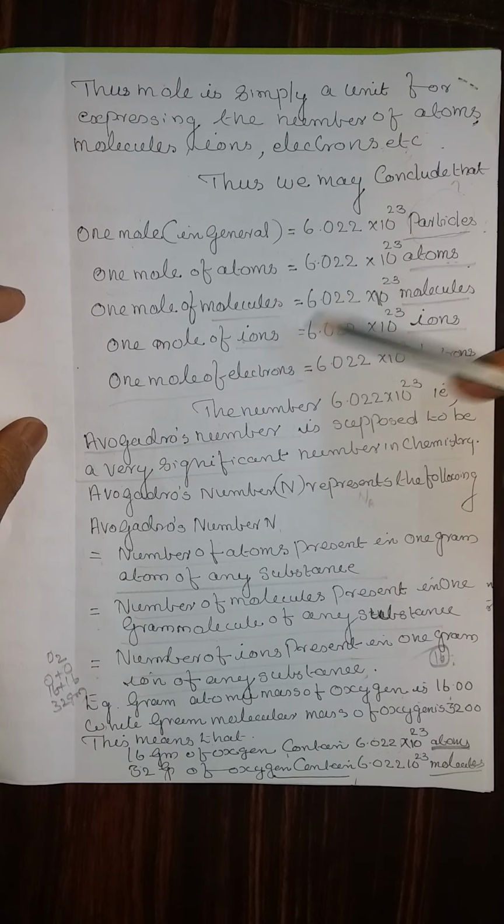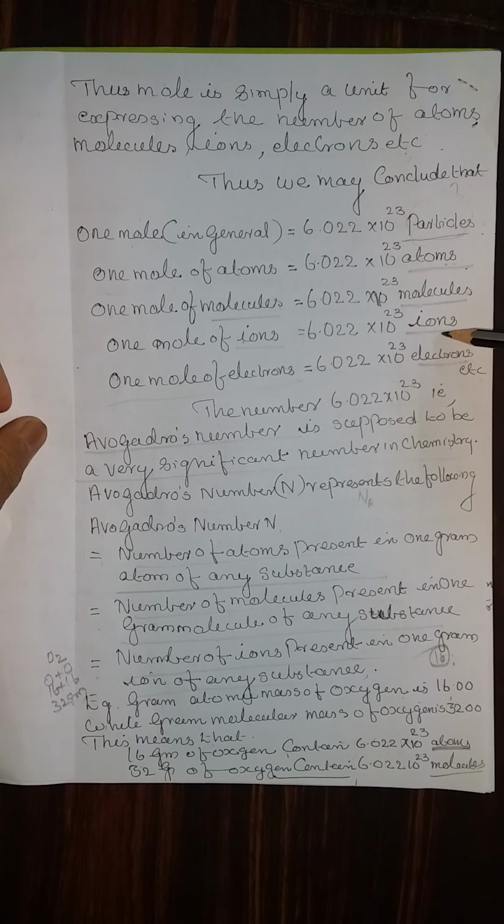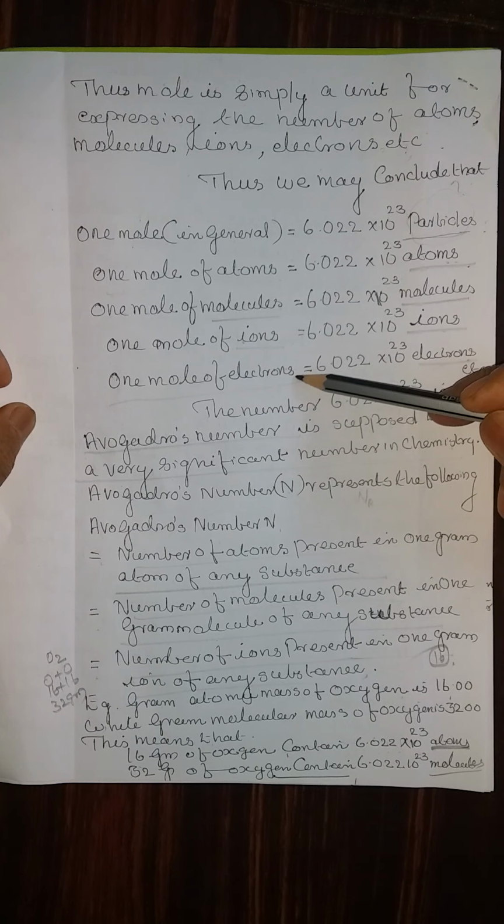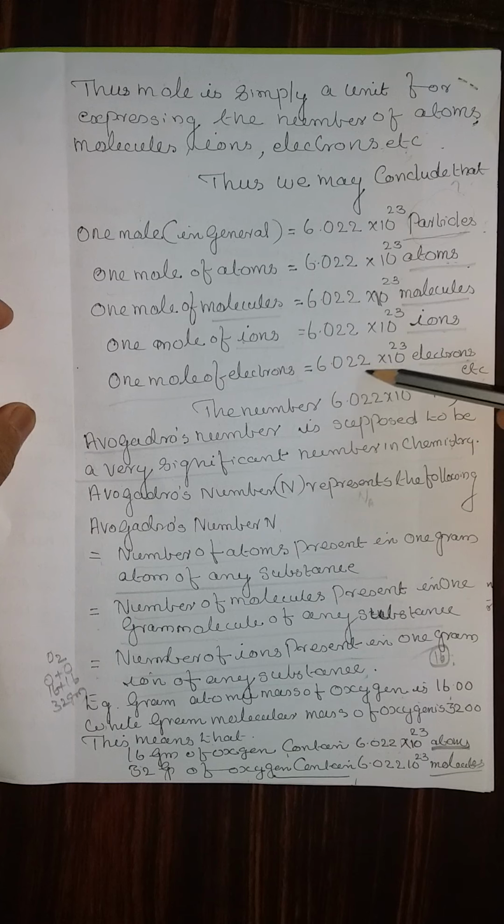And 1 mole of ions means 6.022 × 10^23 ions. 1 mole of electrons means 6.022 × 10^23 electrons.